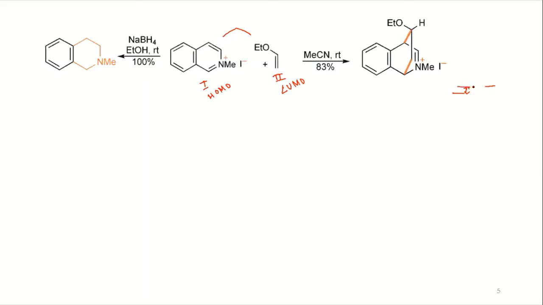Suppose this is extended, this gap has to be low, then only you will have the reaction. If the HOMO-LUMO gap is far away, the reaction will not occur. Now, how can you bring HOMO and LUMO close?